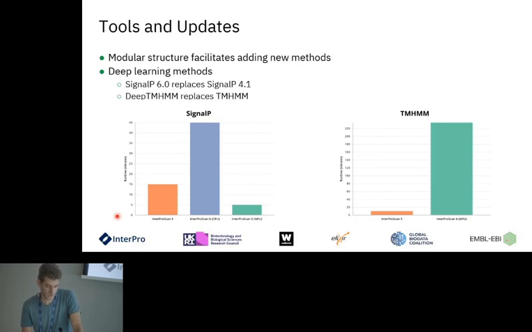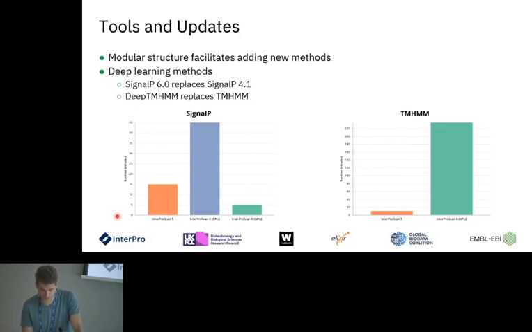Same charts, human proteome, InterProScan 5 using the old version in orange, and the new version using CPU in blue. Of course for SignalP it's slower, but if you use GPU, in green, it's much faster. Unfortunately for TMHMM, we only ran the GPU, and it's already quite slow. I don't even want to imagine what the CPU looks like. But that shows that InterProScan 6 is future-proof. We can add deep learning models and they run.